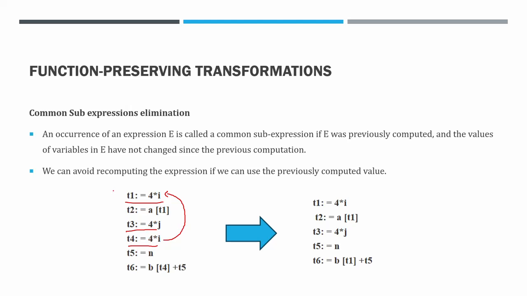That is, we can avoid recomputing the expression and make use of the previously computed value. So this can be rewritten: instead of computing 4 into i again, instead of t4 we can have t1. This is what we call common sub-expression elimination.